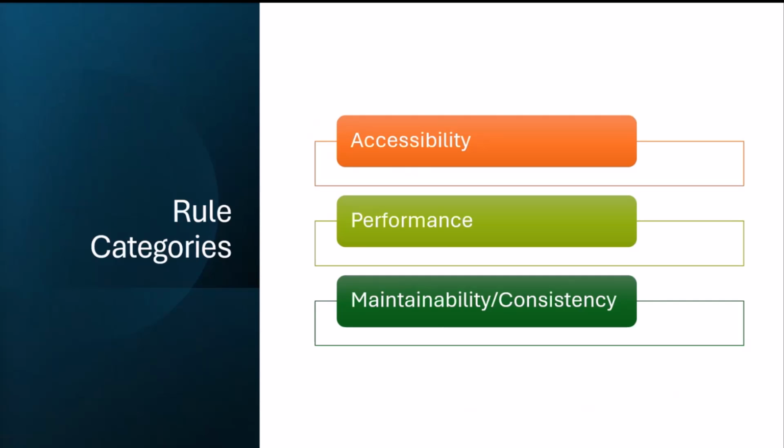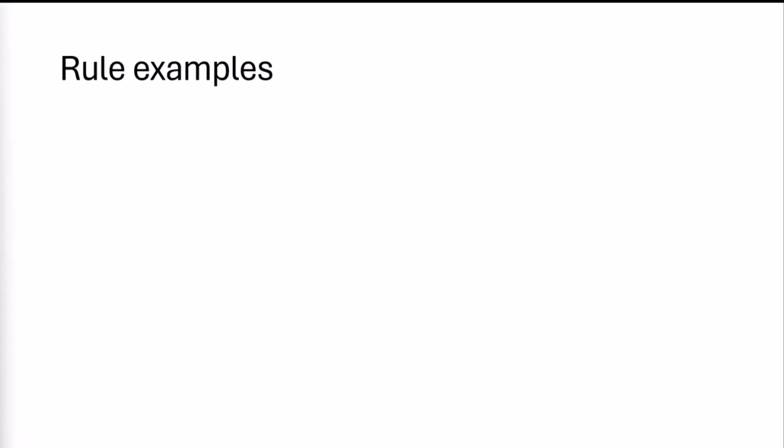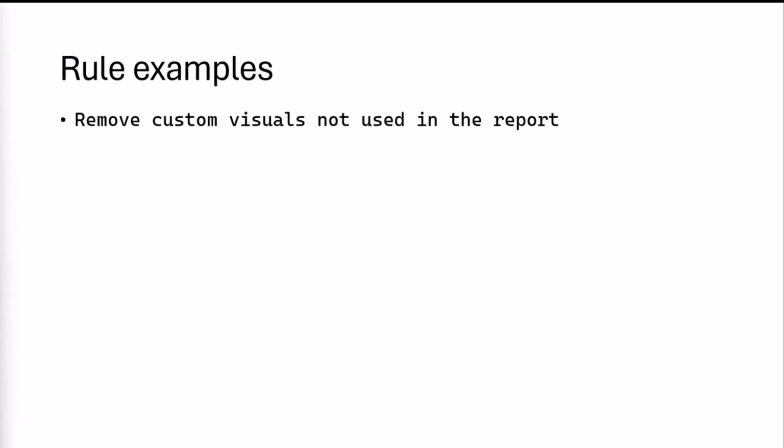And then maintainability and consistency. Again, define a theme wherever possible. I think we saw that was of great benefit. And just as we said before, just make sure that your layout is consistent, and that sort of thing.